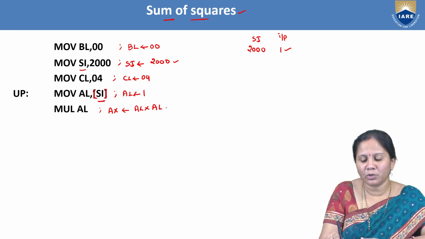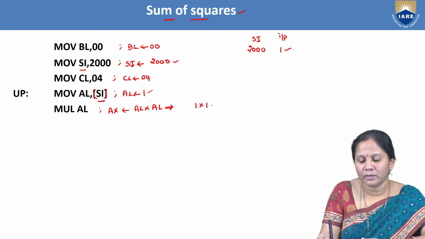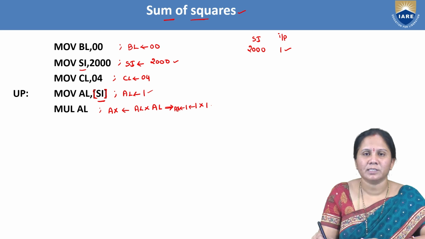And if it is executed, AL is 1, so 1 into 1 is nothing but 1 square. So here 1 into 1, the value will be 1. It will be loaded into the AX register.